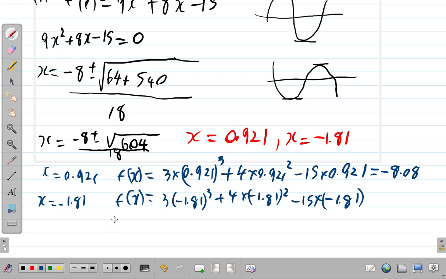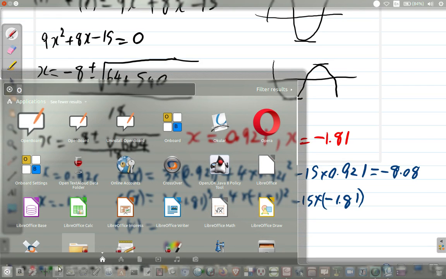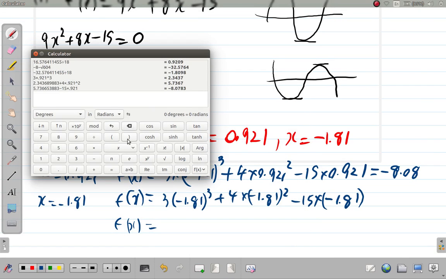Let's go back to our calculator. 1.81 raised to the 3 is 5.929741.